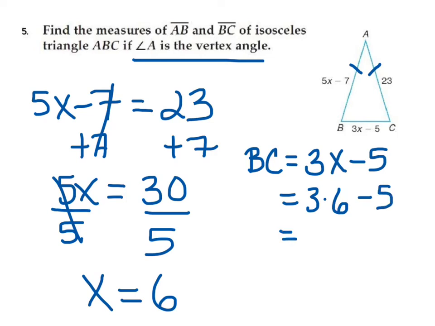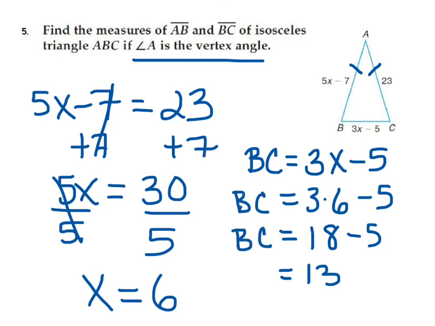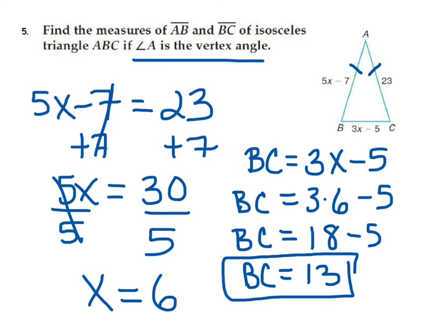Using our order of operations, we know that 3 times 6 is 18. Minus 5, we end up with 13. So we've now completely answered the question. We know that BC has a length of 13. And again, AB we already knew was equal to 23, but we verified that our value of x was correct.